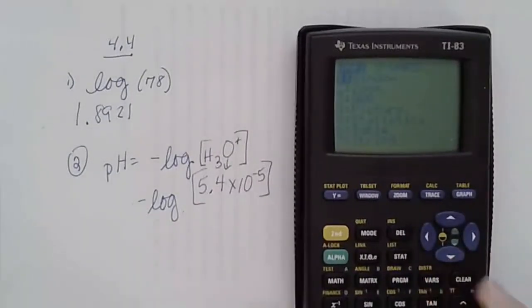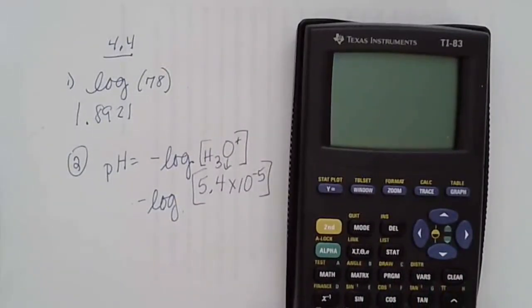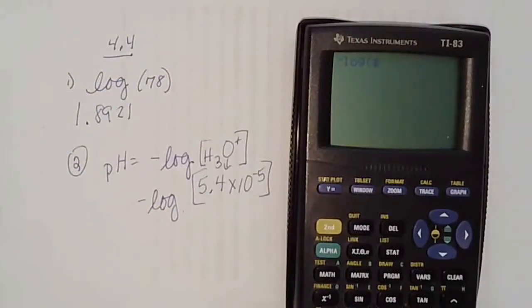I'll hit my negative or negative 1 if you prefer, then hit log, then parenthesis, and then type it in just like this. It naturally brings up a parenthesis, so I don't need to put my own parenthesis there. 5.4 times 10 raised to the negative 5. You can close your parenthesis or not, and it'll be okay.